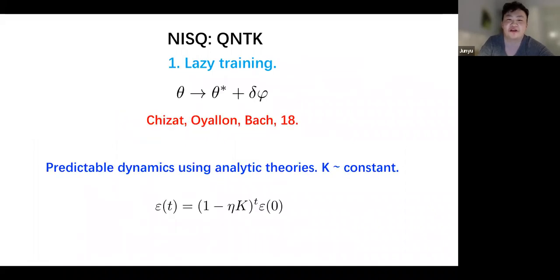quantum mechanics. As I mentioned before, in order to stay around some constant value of K, one idea is that the variational angle theta almost does not change, which may happen around the end of training, where you do not update your variational angle much. This is so-called lazy training, and of course K is approximately constant. Around that regime, you can try to do perturbation theory.